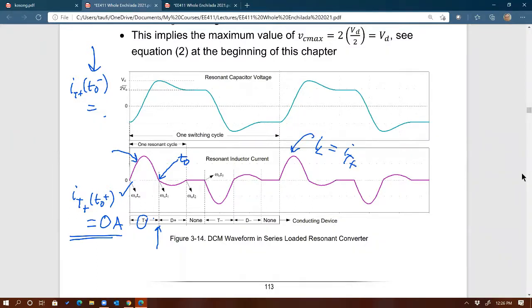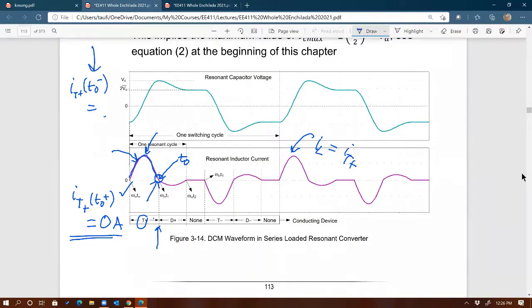So if you look at the switch current, this waveform right there, and then as the time approaches T0 from the left, imagine if you zoom in there, what are you going to have if you zoom in?